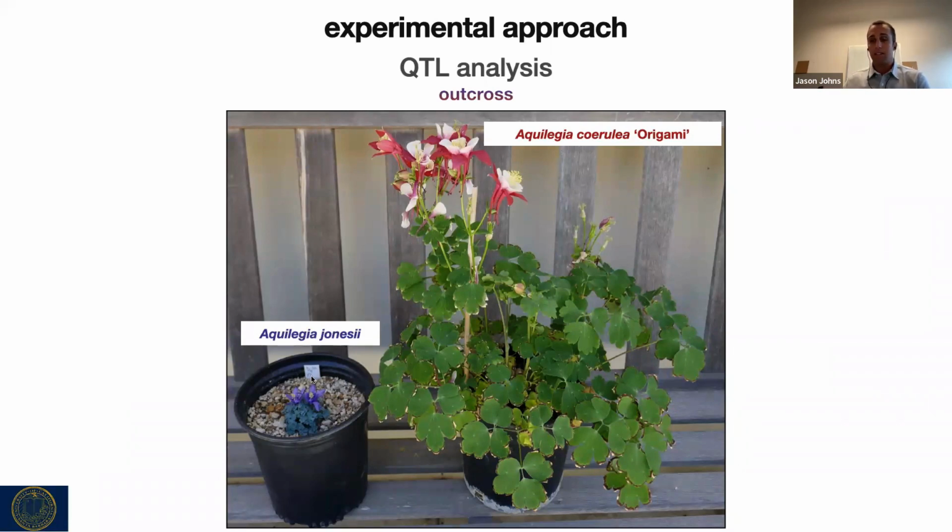So it's definitely not dwarf, and nor does it make stomata on both leaf surfaces. So we crossed a Great Dane to a Chihuahua here in this case. And so I will be calling the Great Dane origami throughout the rest of this talk, and Aquilegia jonesii I'll just be calling jonesii.